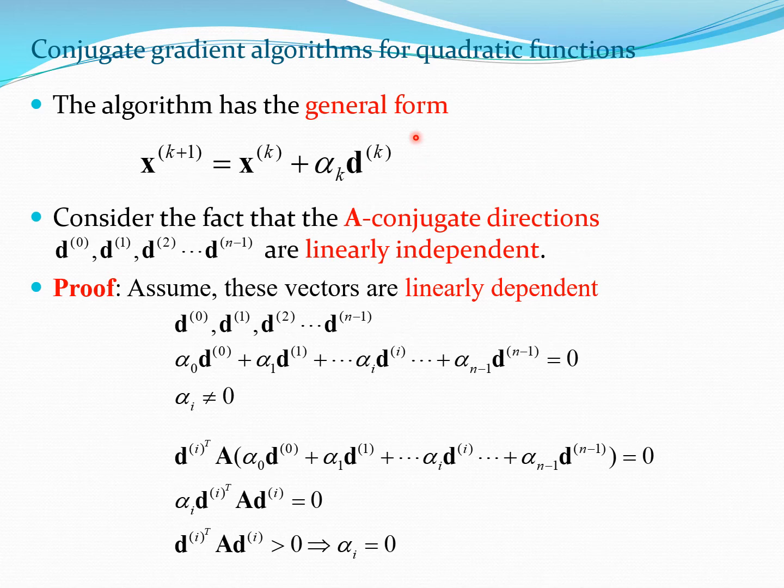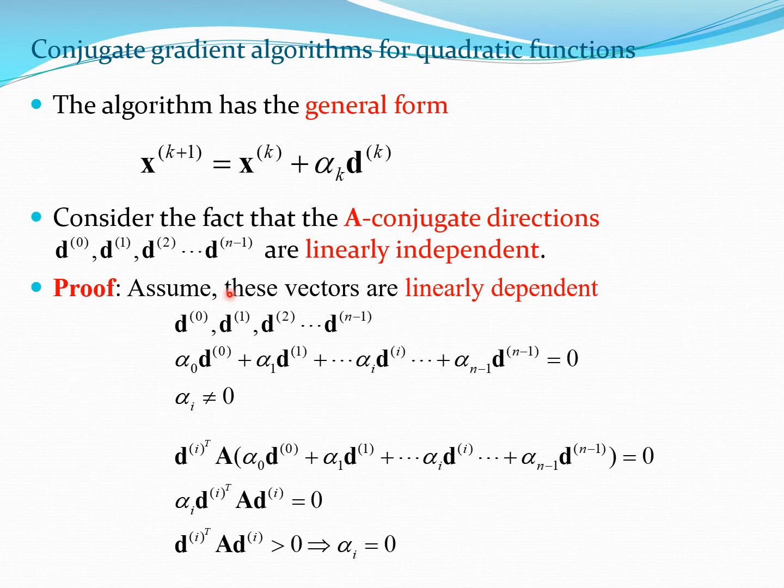So basically, let's go back and start with the general optimization algorithm, which is xk plus 1 equals xk plus step size times search direction dk. Now we are going to use a fact in this derivation that these conjugate directions d0, d1, d2, up to dn-1 are linearly independent. We can prove this particular fact by contradiction.